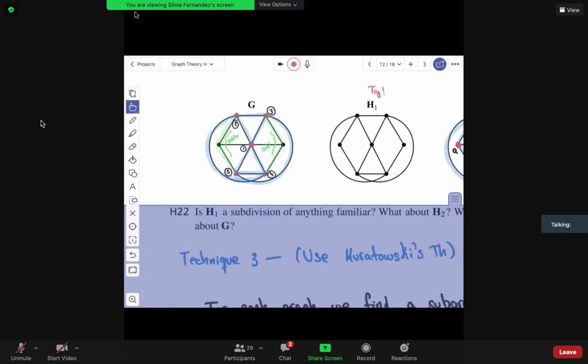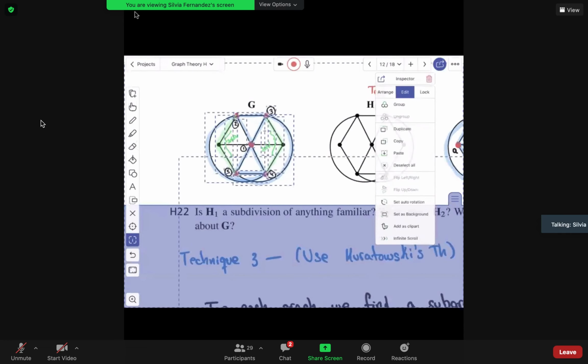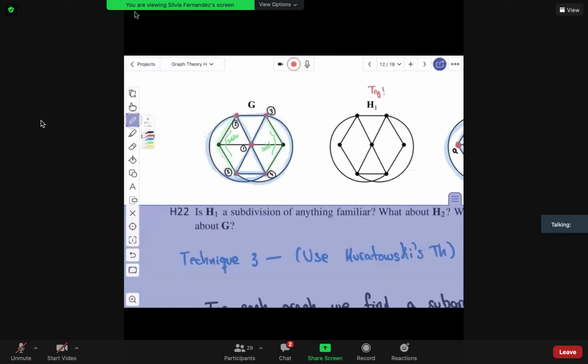Okay, let me draw it here very quickly just to finish. My subgraph is actually these 5 vertices, these edges.